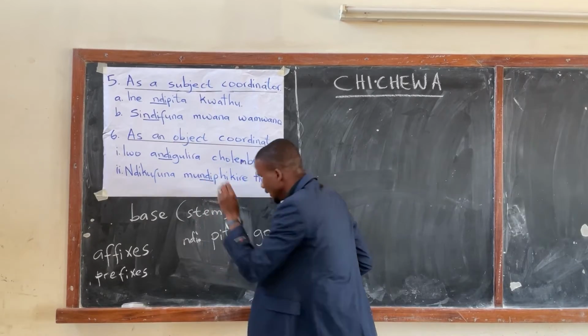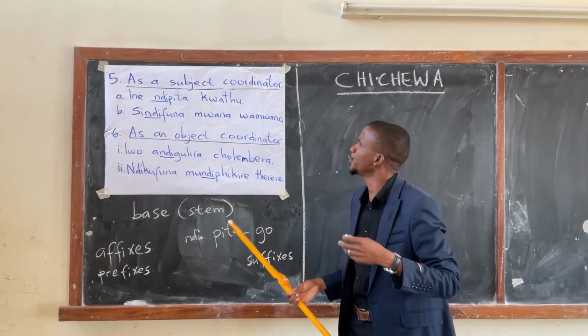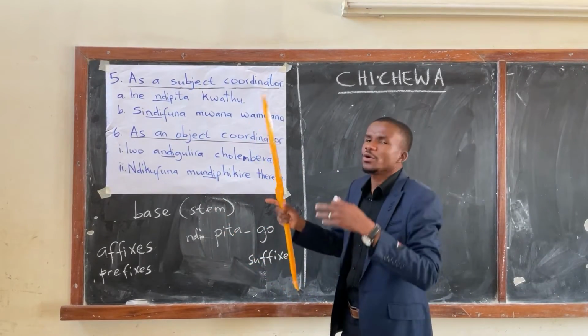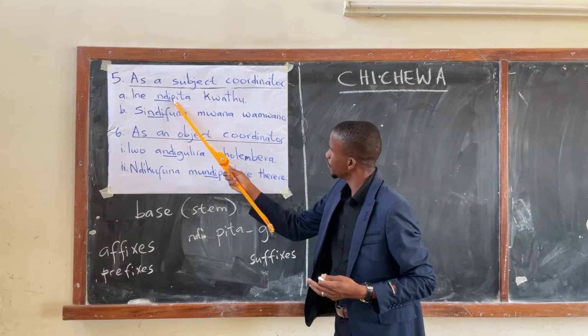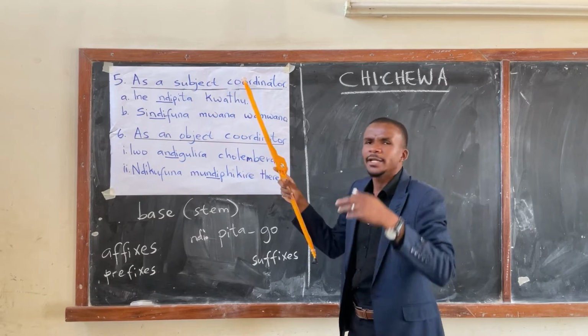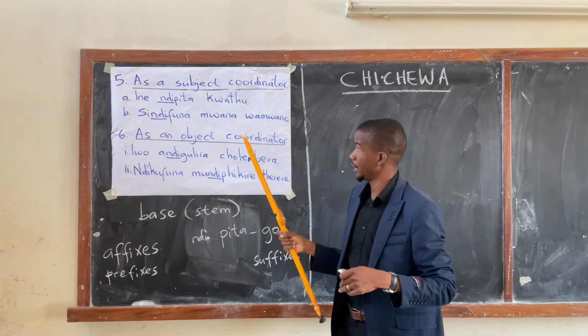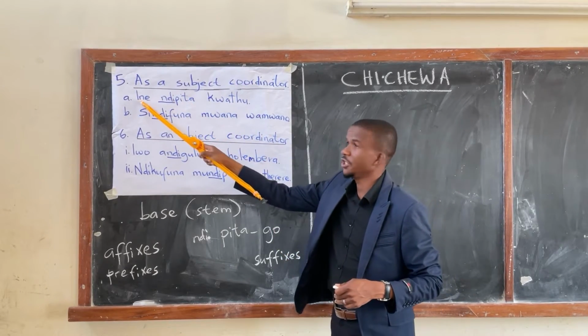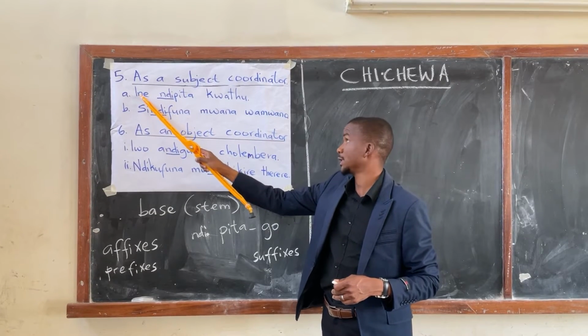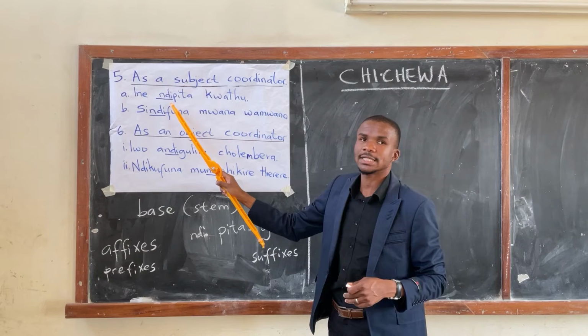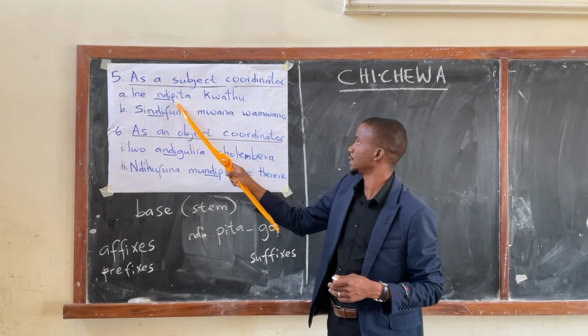And this ni is trying to show the coordination between the verb stem pita and the doer of that action in this sentence, that is ine. The one who does this action is ine, which is the subject. So ni functions as a subject coordinator in this case.